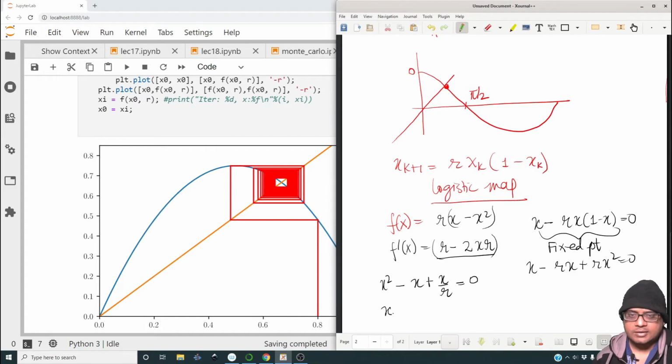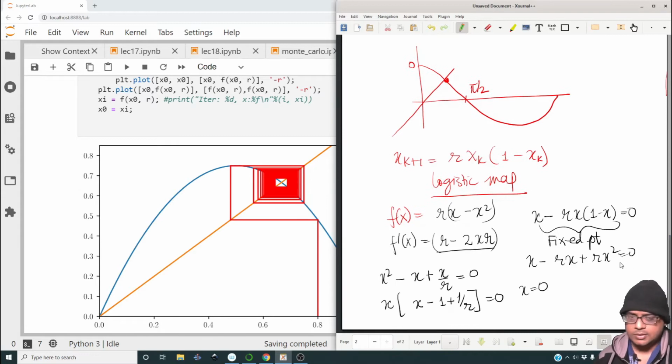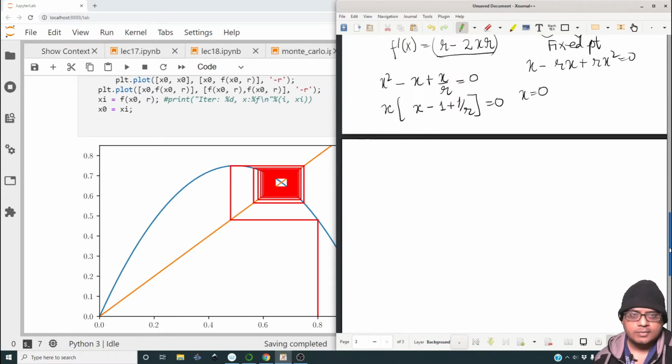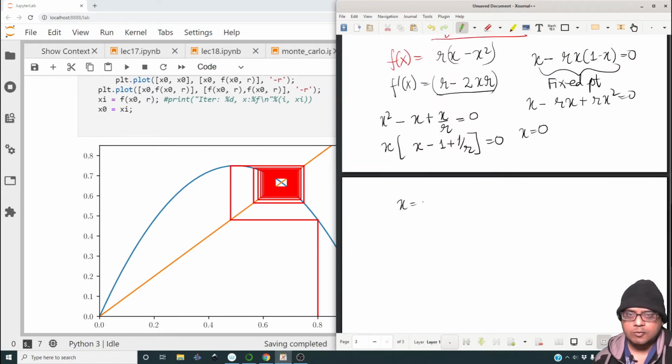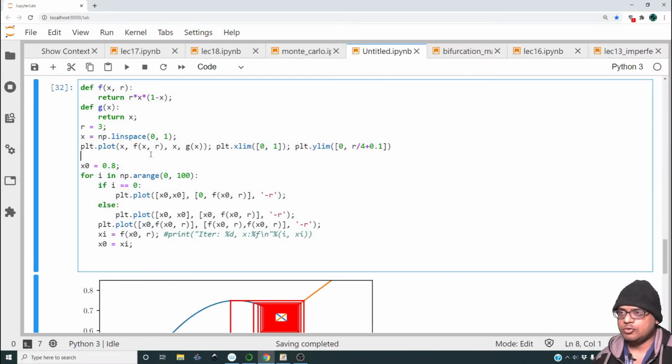So this is, taking x common, x minus 1 plus 1 upon r equal to 0. So x equal to 0 is a root, right? And x equal to 1 minus 1 upon r is a root. So let us superpose that root on top of this.